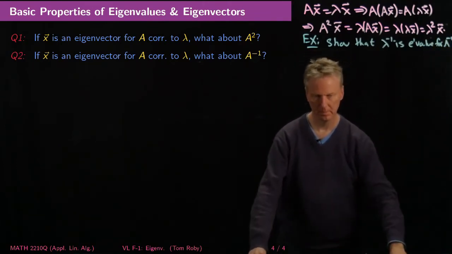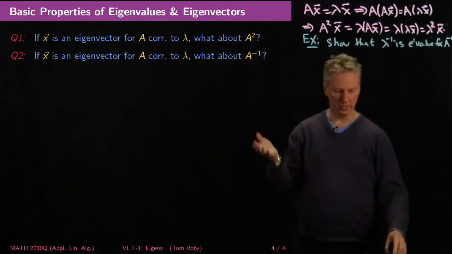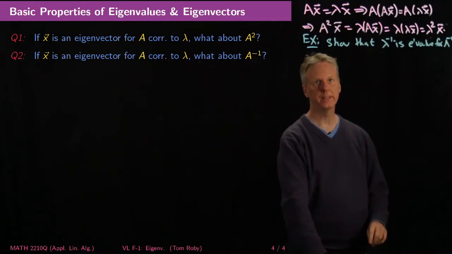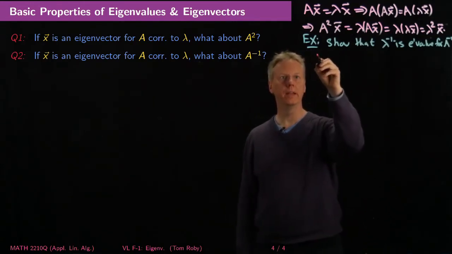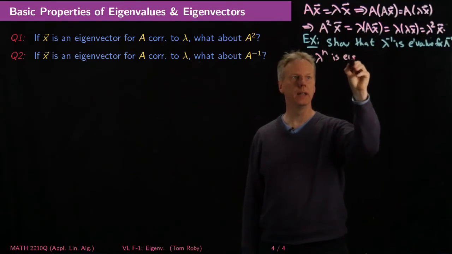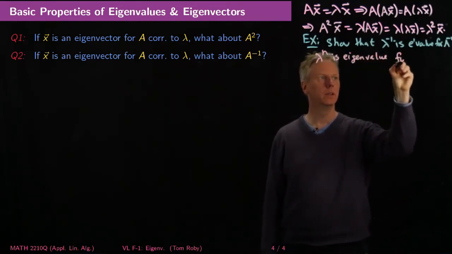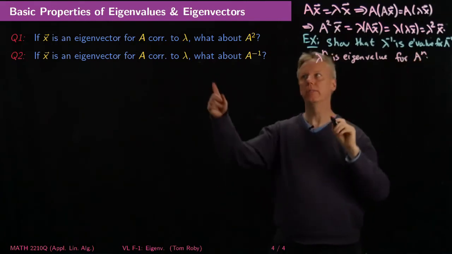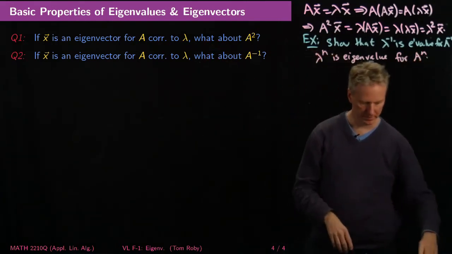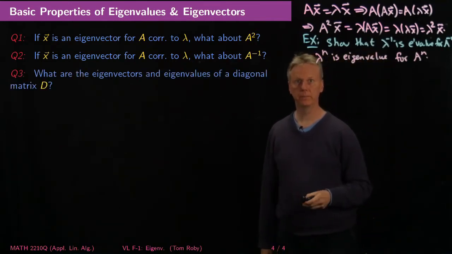Okay? So that shows you in general, the general fact is that lambda to the n is an eigenvalue for A to the n if lambda is an eigenvalue for A. And that applies for n any integer, positive or negative.